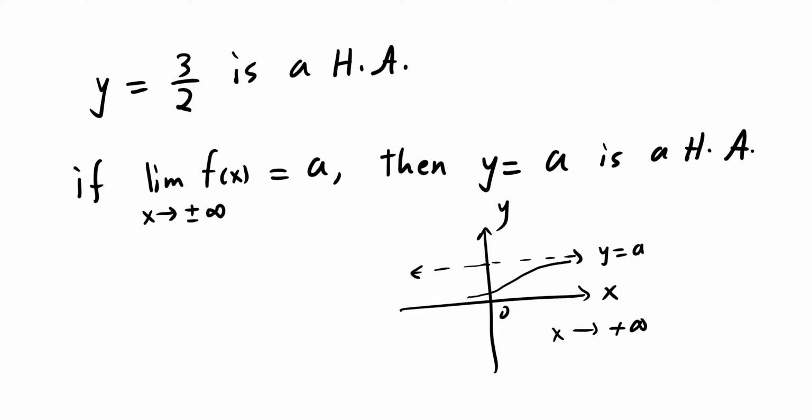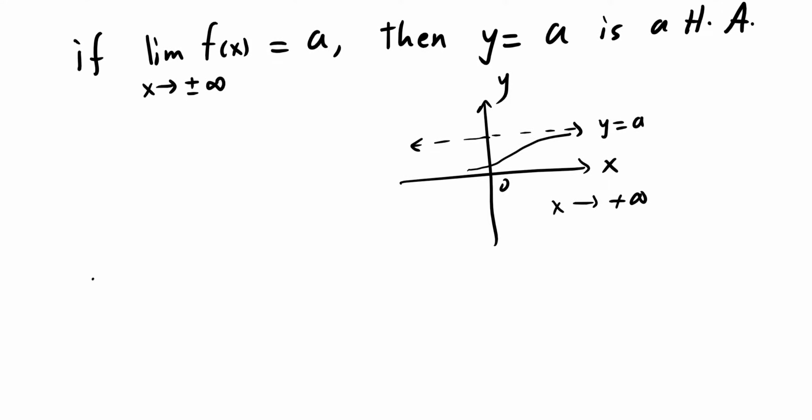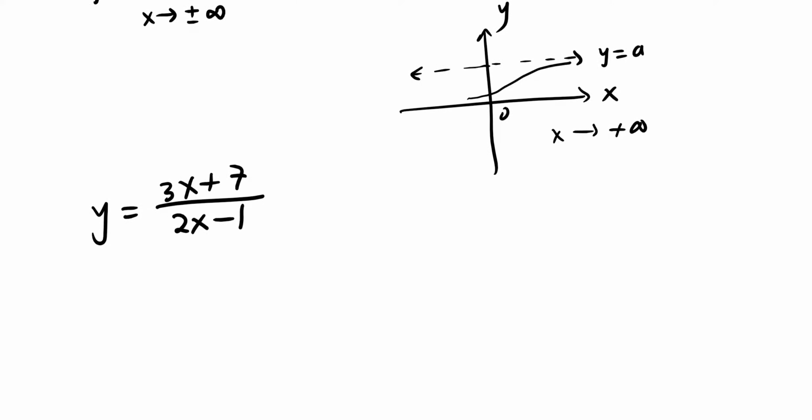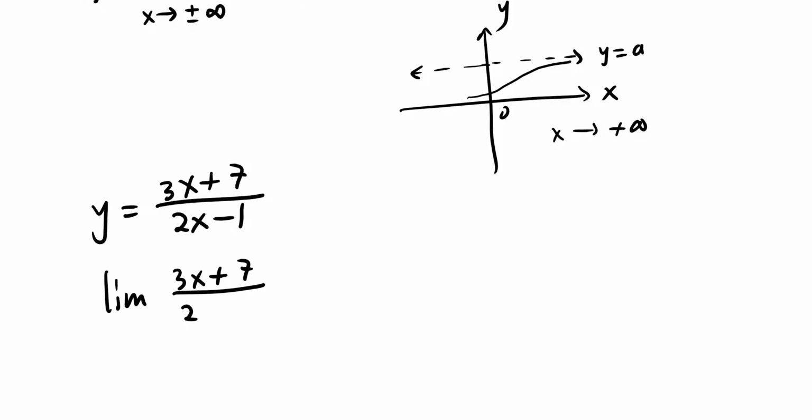Now to see why this works for the previous example, 3x plus 7 over 2x minus 1, we try to find the limit of this as x approaches plus or minus infinity. And to find the limit here, we divide top and bottom by the highest exponent, which is x.